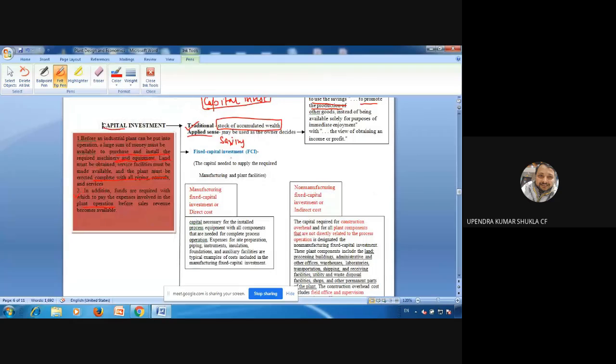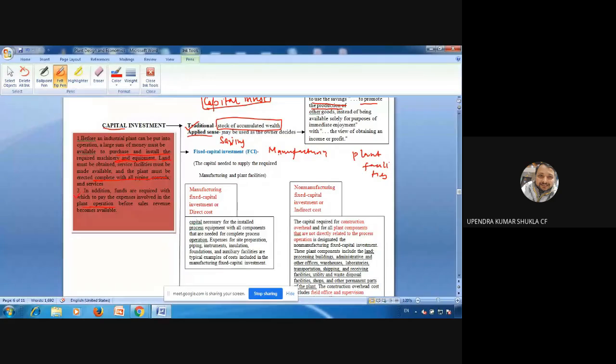Now, as far as fixed capital investment is concerned, fixed capital investment is nothing but capital needed to supply the required manufacturing and plant facilities. Now just try to understand plant facilities.